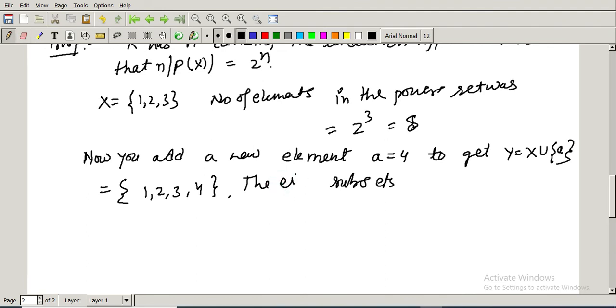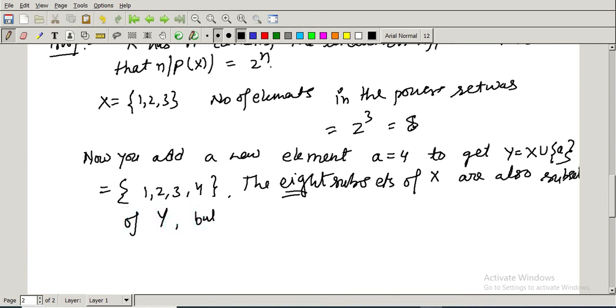So 8 subsets of x are also subsets of y, because we have included this in this.